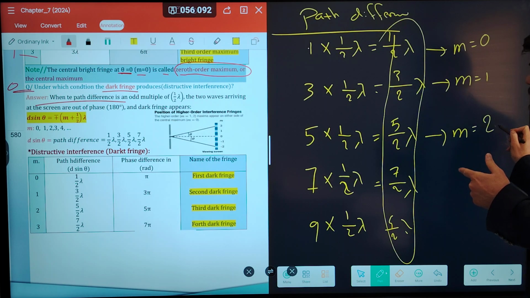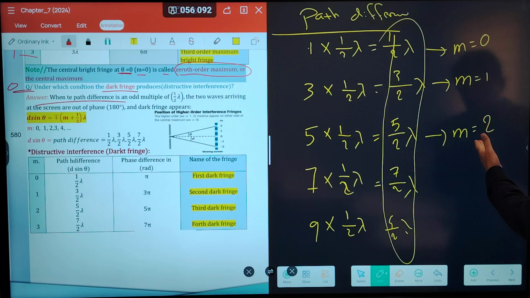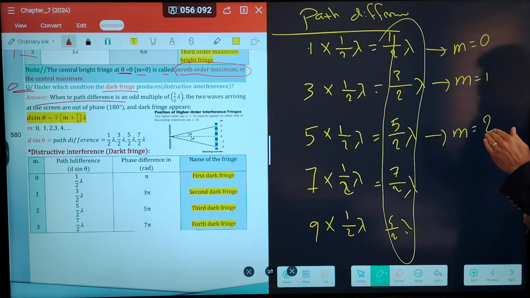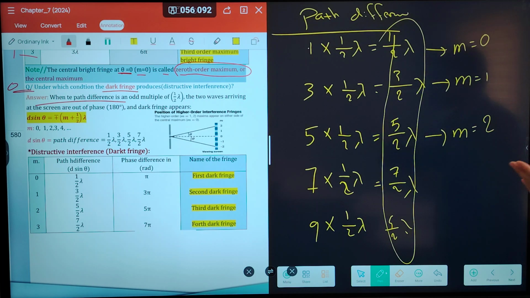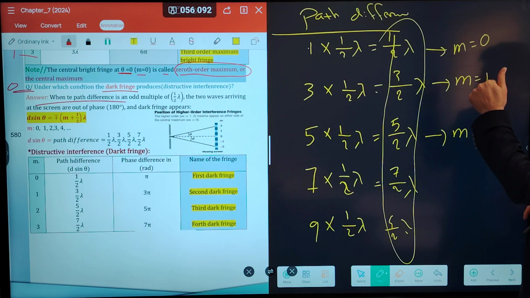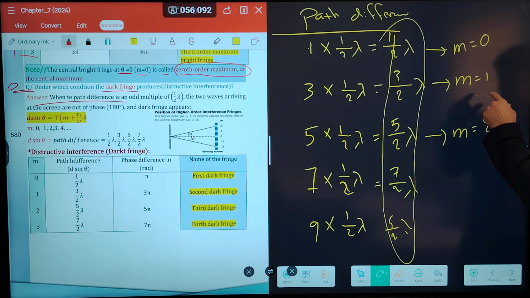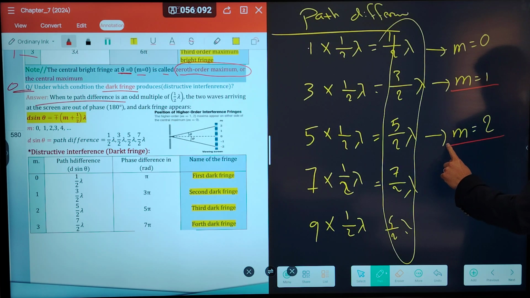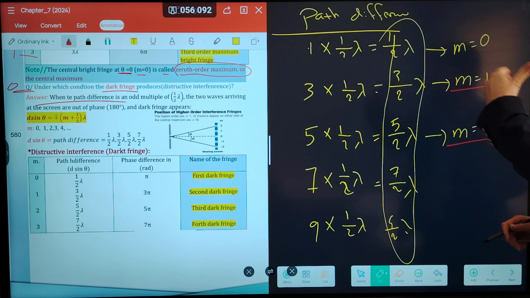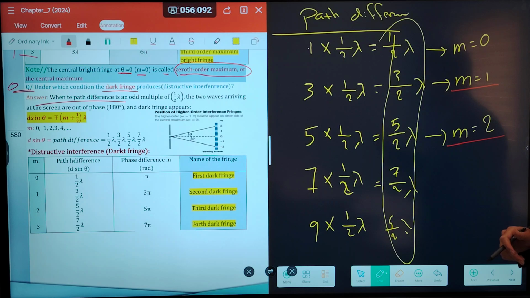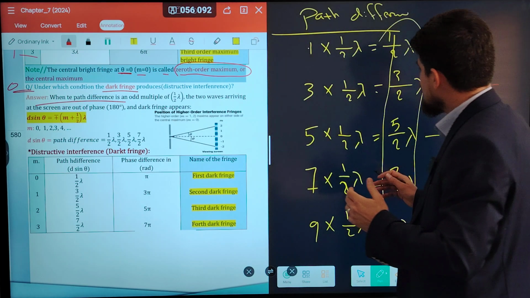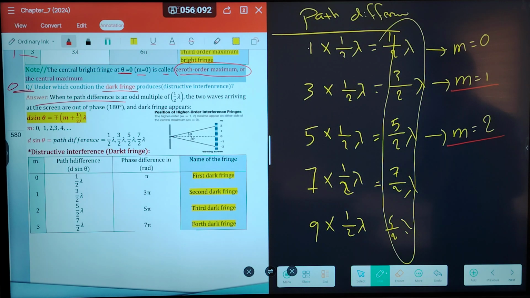Third dark, M2. The number of M is always less by 1 than its name. Like when we say first dark, it is less than first: 0. Second dark, 1. For second dark, you have to say M1. For third dark, M2. For seventh dark, M6. Okay? These are the conditions for the dark fringe to occur on the screen.